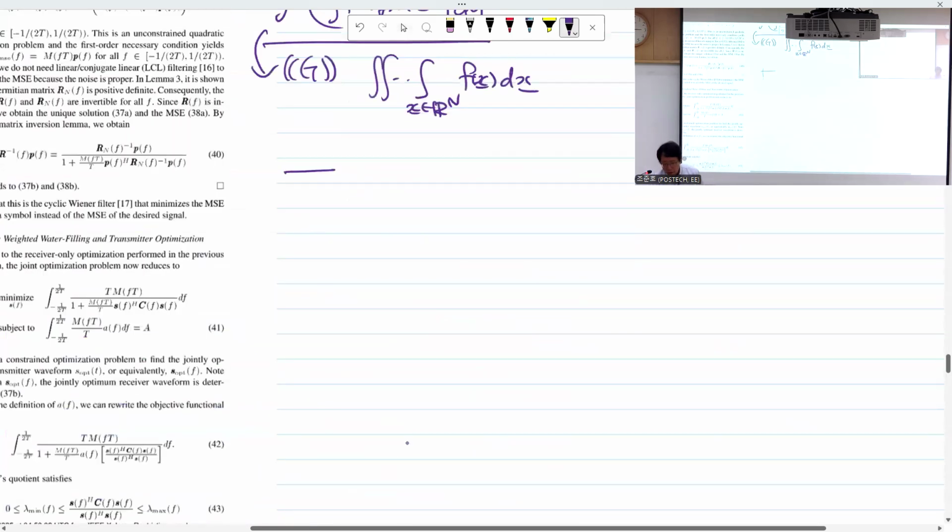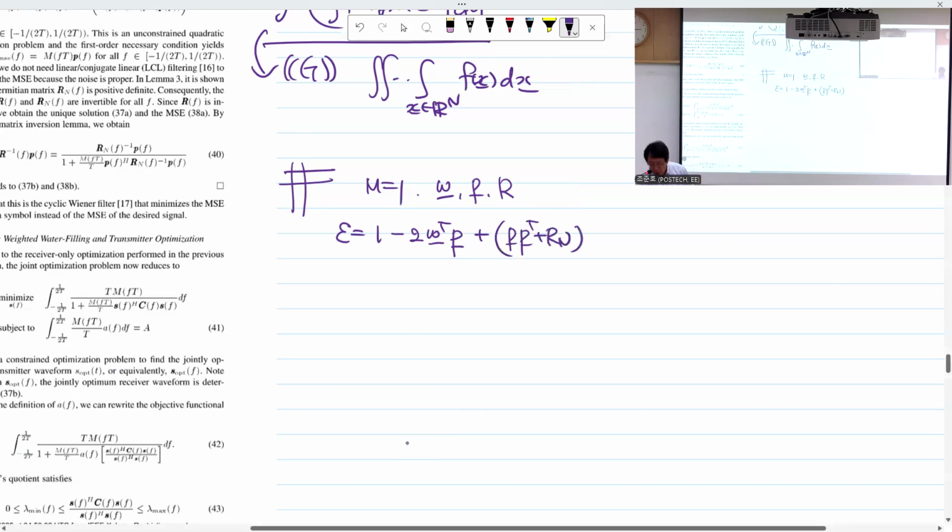In order to make everything simple, let's forget about m and everything. Let's say m equals 1 in the previous one. Then your objective function is, and all the things are real valued, all real valued. Then you have 2 times W transpose P plus P transpose Rn 2 times W, something like this.